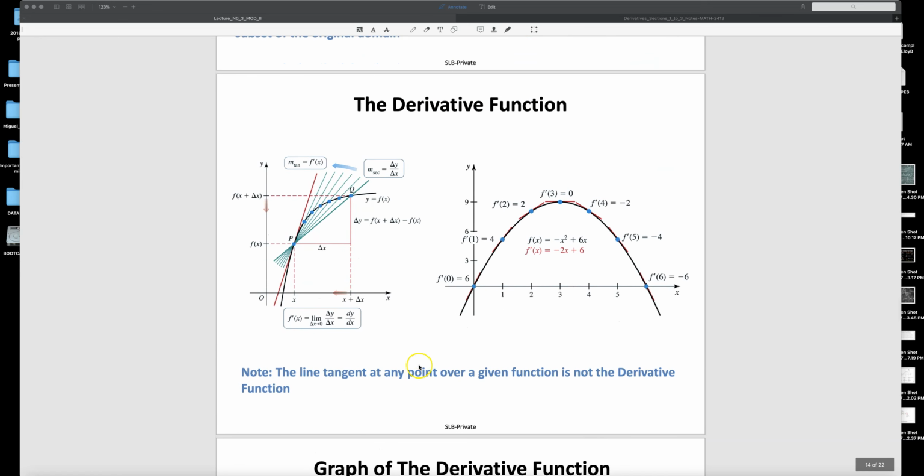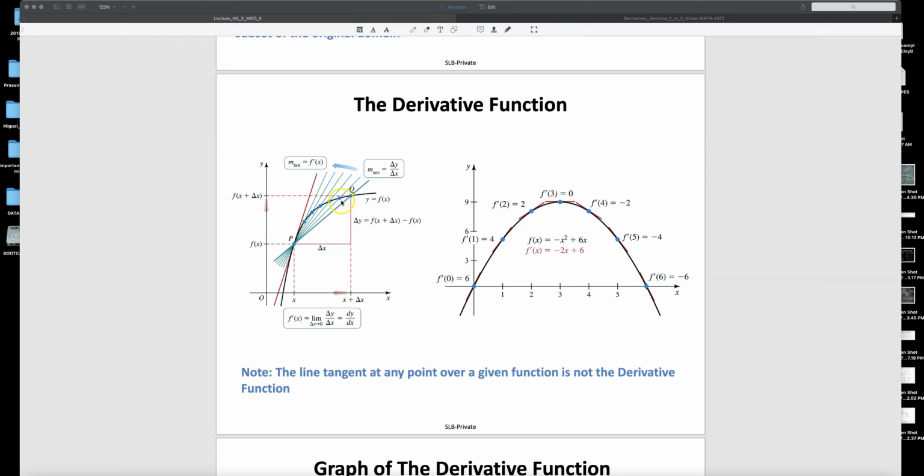Well, we introduced already the concept of derivative at some particular point for a given function. You have seen this picture before, this graph before, and just to remind you, the derivative of a function at a particular point x is going to be the slope of the tangent line of the function at that point.